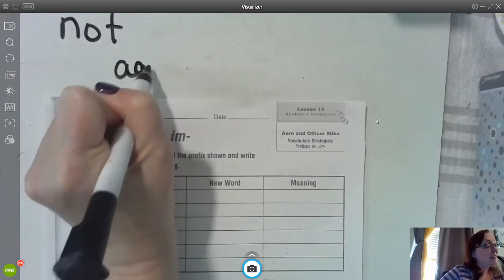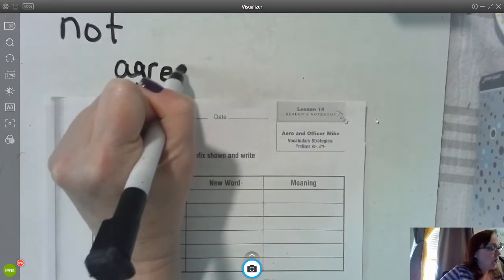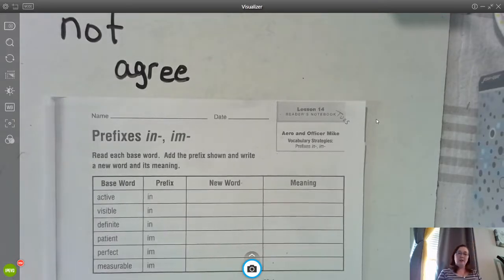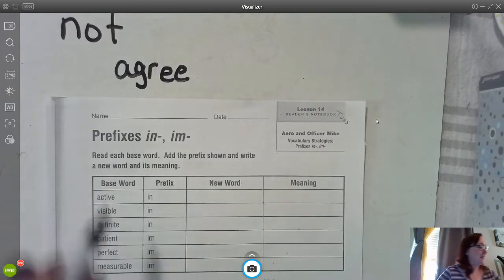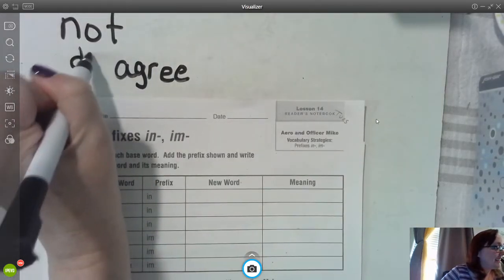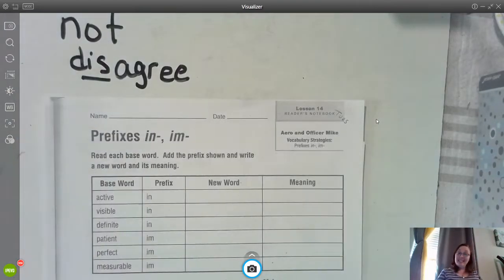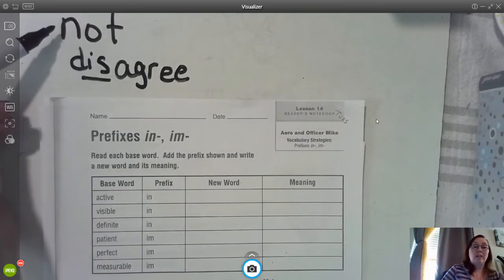Remember, if we have this root word, agree, if we have that base word, what do we put in front of it to mean to not agree? Hopefully that helped you out a little bit. Disagree. That also means not. So it's going to depend on the word which prefix you use to make it mean not.